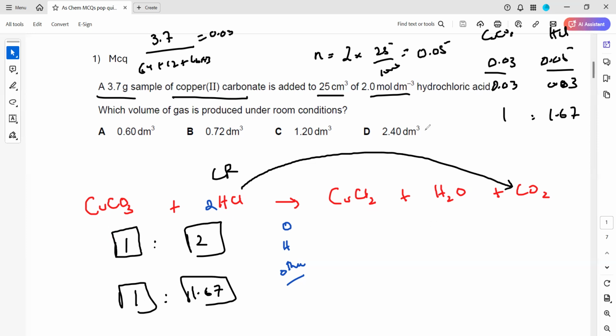And from moles of carbon dioxide, you will multiply by the molar volume, which is 24, and you will get the volume in decimeter cube. Is it clear? So we compare the ratio of the equation with our ratio. So A will be the right answer at the last. Is it clear now? Question 1.